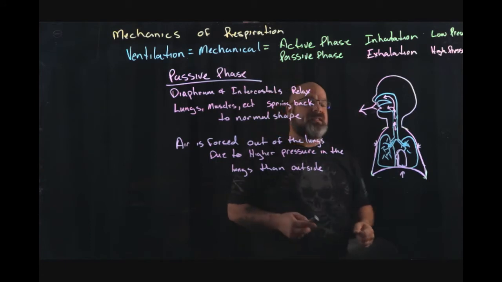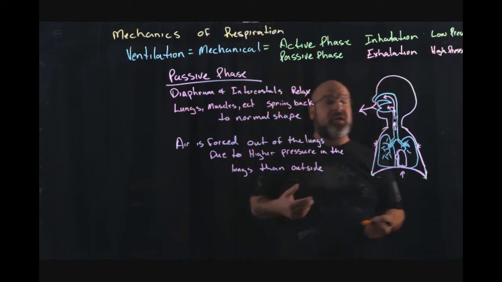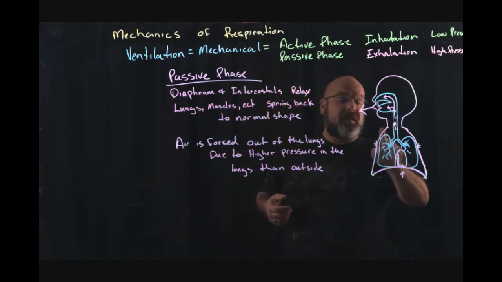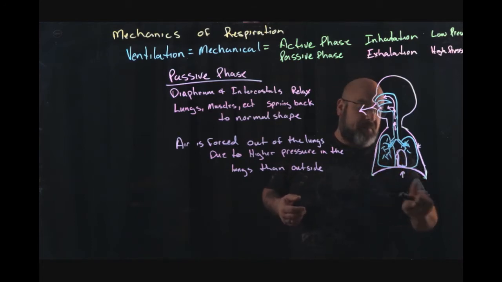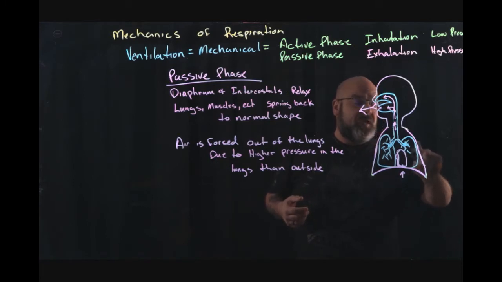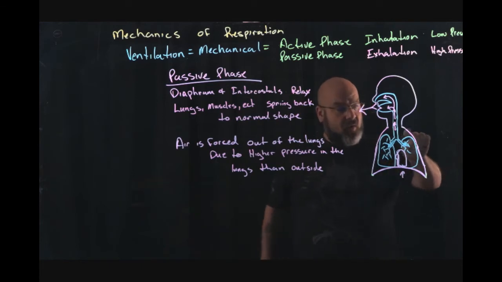If for some reason that system becomes uncontrolled or breached, in the case of something like a sucking chest wound, where a chest cavity has been breached, the chest wall has been breached, so now there's a hole here.